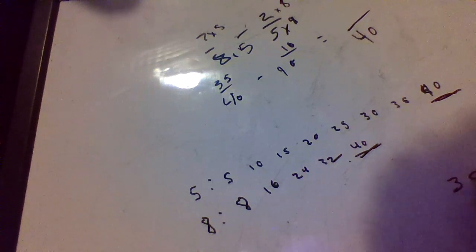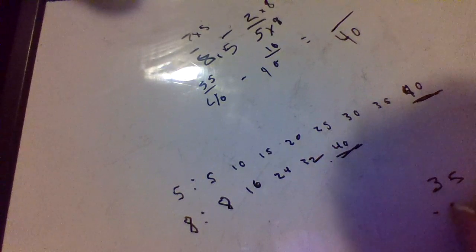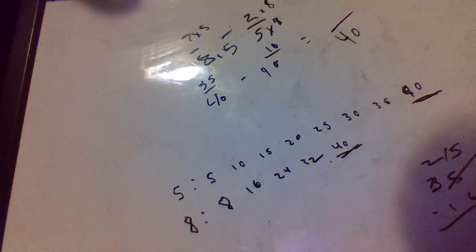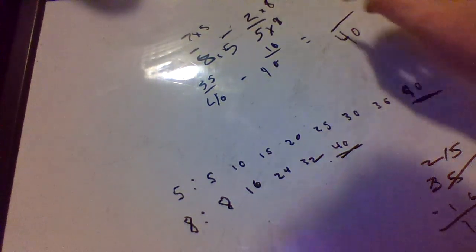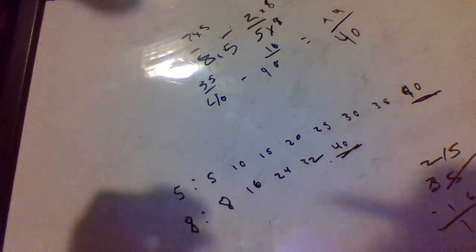We do our side work over here. 35 minus 16. And as you can see, we have to regroup here. We make that a 15 and that a 2. 15 minus 6 is 9. 2 minus 1 is 1. So our answer would be 19 over 40.